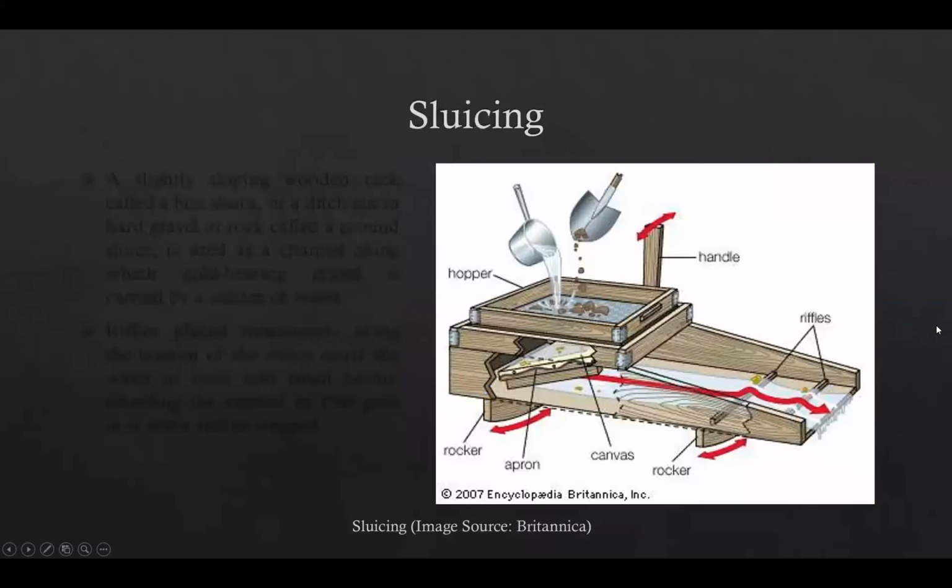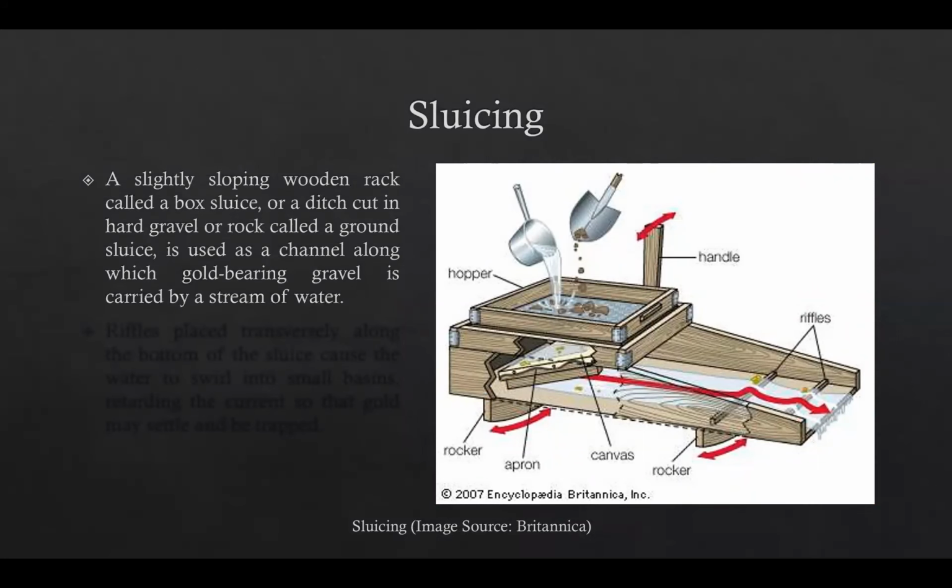The next one is sluicing. In sluicing methods, we use a slightly sloping wooden rack, which is known as a box sluice, or we can use something which is a ditch cut in hard gravel or rock, which is known as a ground sluice, and we use these tools as a channel along which gold-bearing gravel is carried by a stream of water.